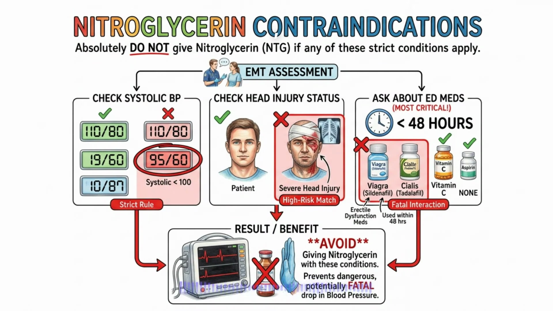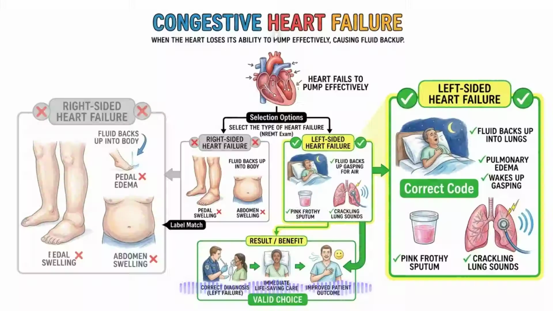The most critical, heavily tested contraindication is asking if the patient has taken any erectile dysfunction medications, like Viagra or Cialis, within the last 48 hours. Combining nitroglycerin with these specific drugs causes a fatal drop in blood pressure, making this a mandatory question on every cardiac call.